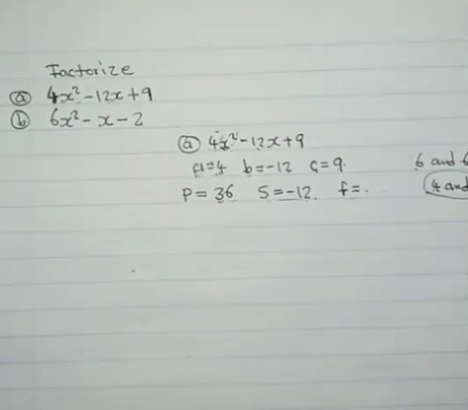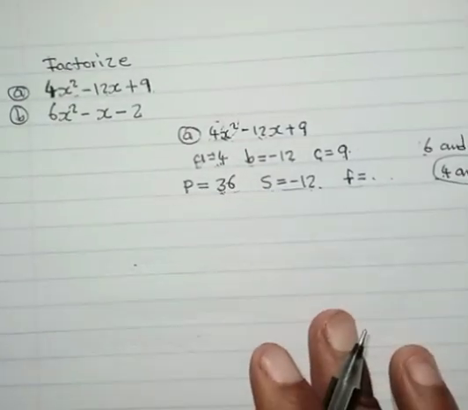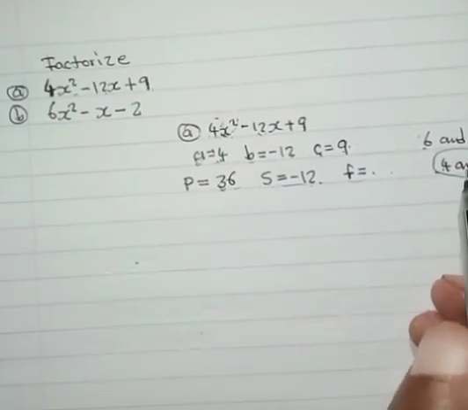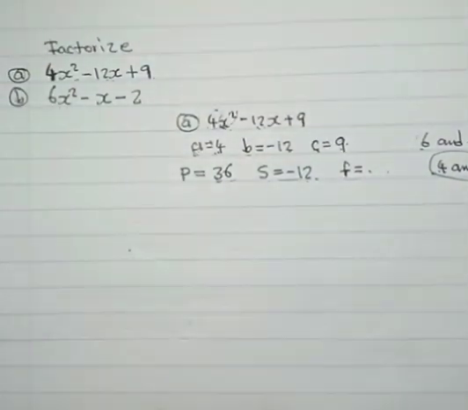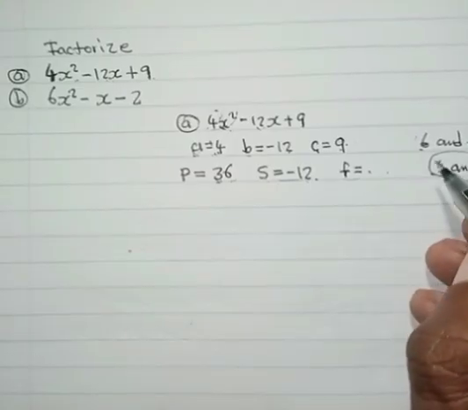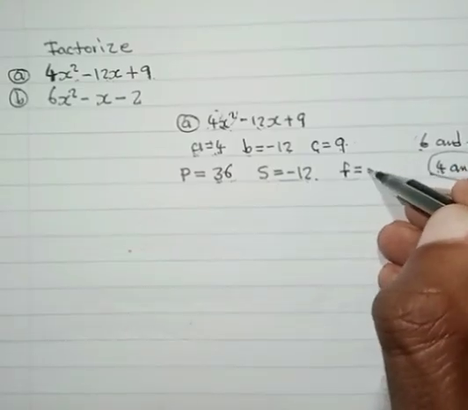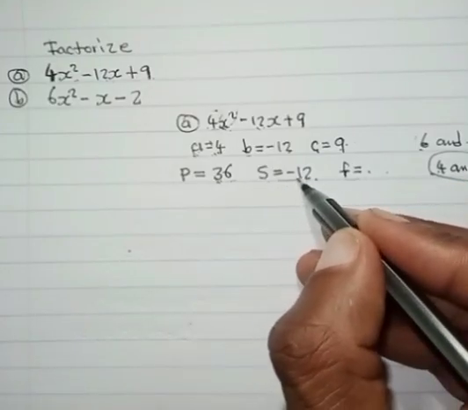We cannot use 4 and 9. So the best numbers which we can use are 6 and 6, but we need to get negative 12. So how do we get negative 12?